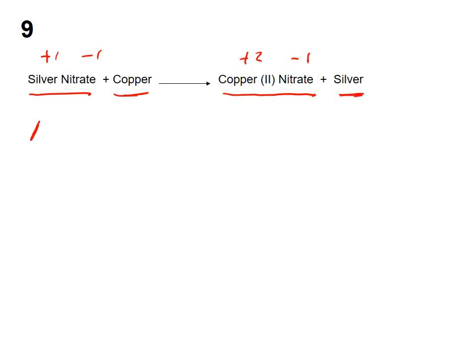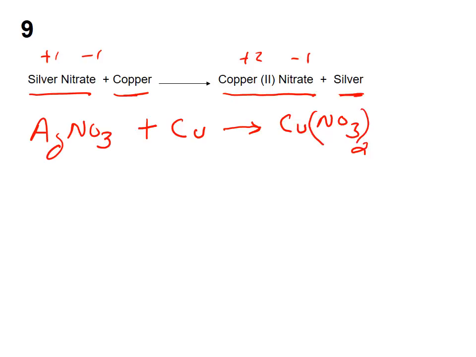So silver nitrate would be AgNO3 plus copper, which would just be Cu, will produce copper 2 nitrate, which would be Cu. I got NO3, and I need 2 of them, so I got to put it in parentheses. And plus silver, Ag. And I check, copper is not diatomic, so it's just a plain symbol, and silver is not diatomic, so it'll just be the plain symbol.